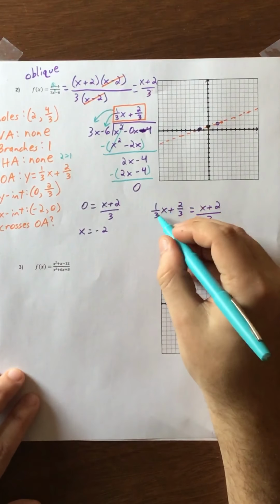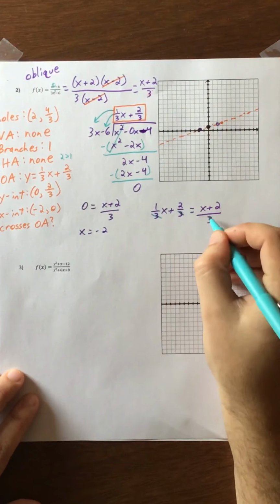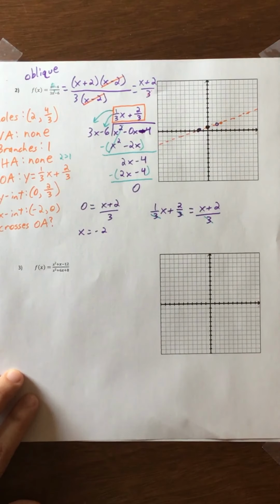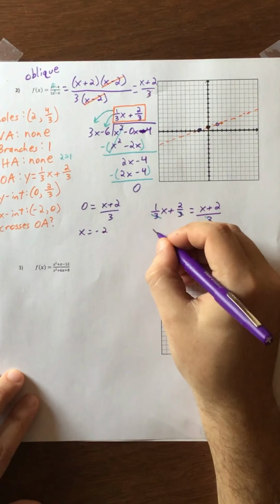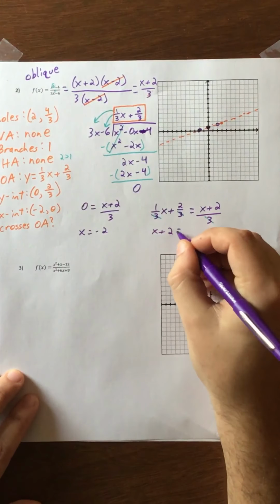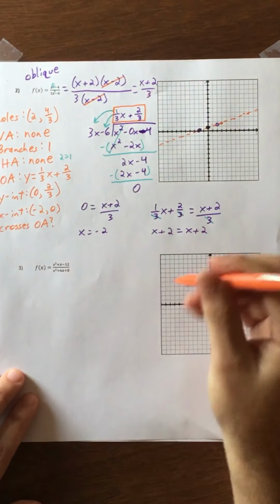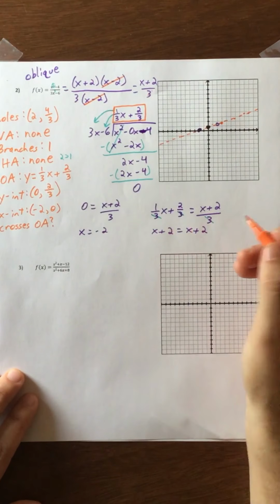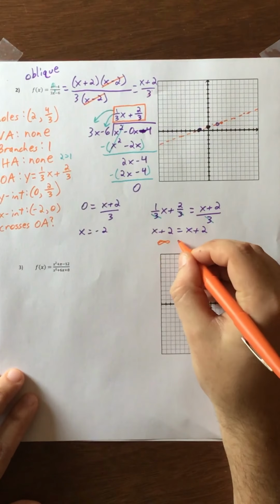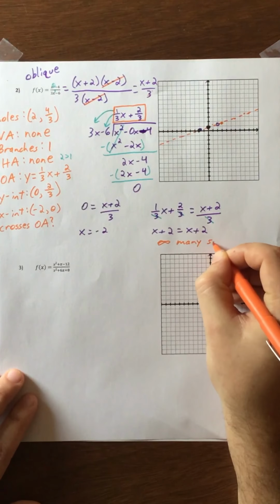Now remember, I said this was a weird problem, right? These all have a denominator of 3, so the 3's can go away. We have x plus 2 equals x plus 2. When you have the left side and the right exactly the same, that means there are infinitely many solutions.